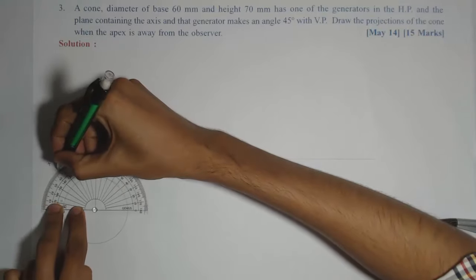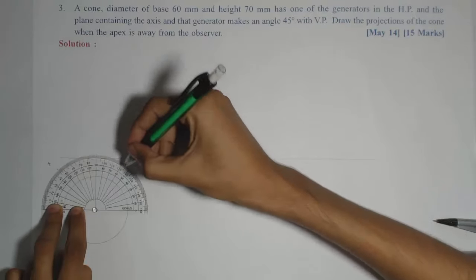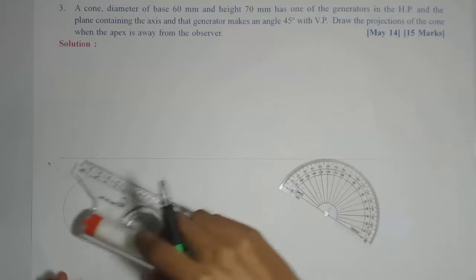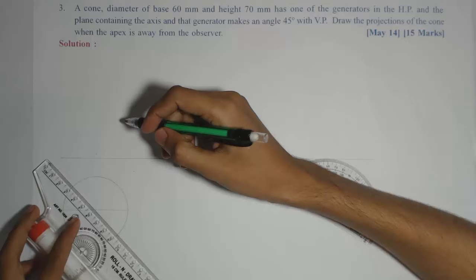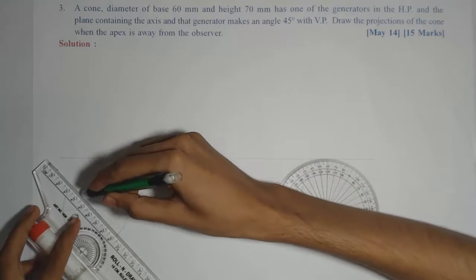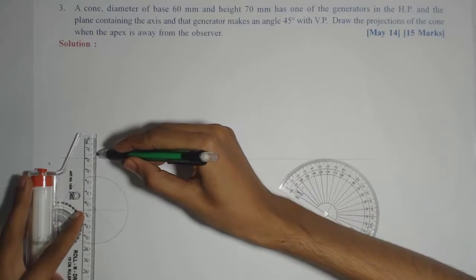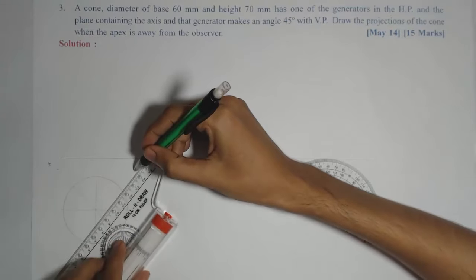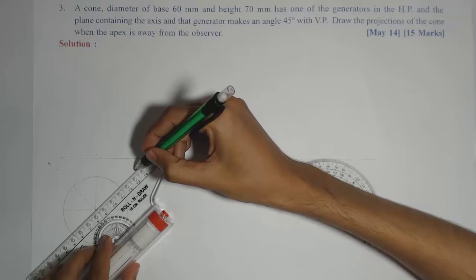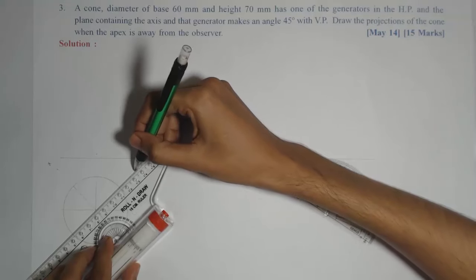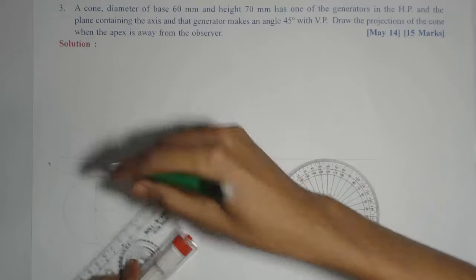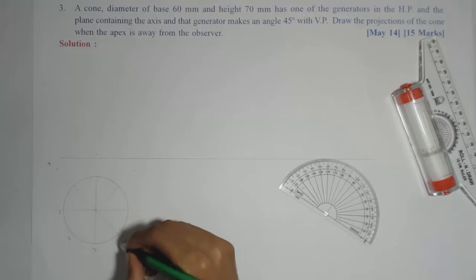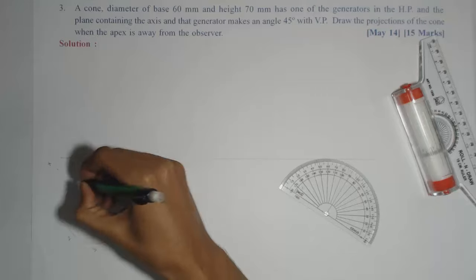So marking the angles of 45, then 90, then 135, then the last division. Okay. Now I'll number those divisions starting with 1, 2, 3, 4, 5, 6, 7 and 8.